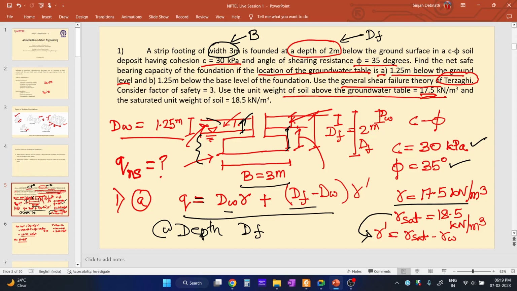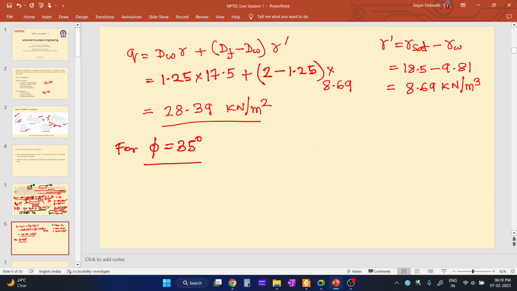I have multiplied this height with the submerged unit weight of soil.